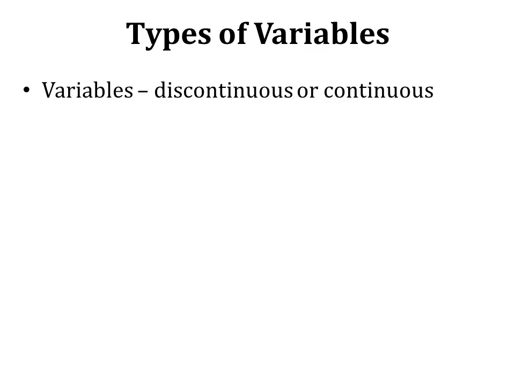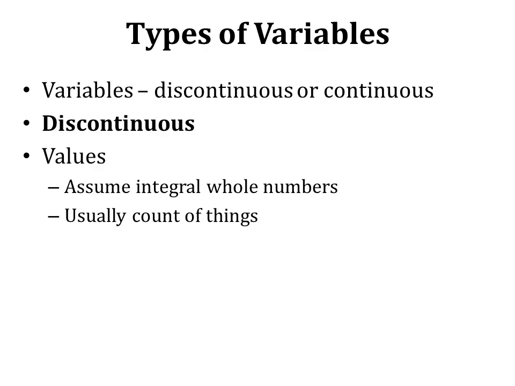Then we studied different types of variables. There are different ways in which variables can be categorized. Here we are going to discuss two main types of variables, which are discontinuous and continuous variables. Discontinuous variables are those variables in which values assume integral whole numbers, which are usually counts of things.